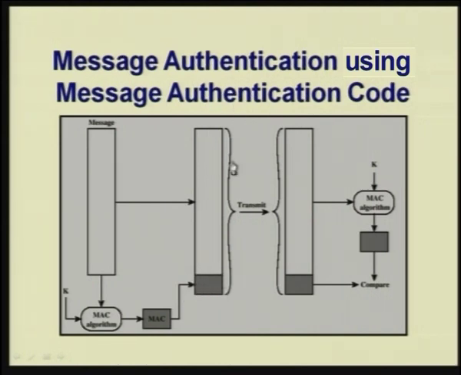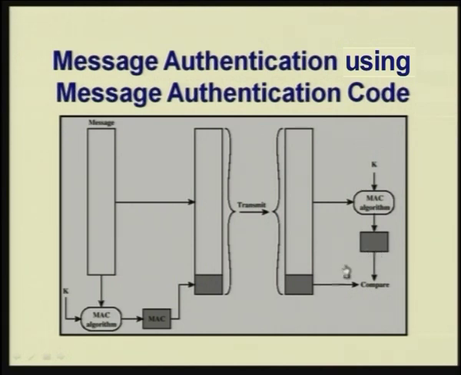It is transmitted and received at the other end, and again the same message M and the secret key k which it has are given to the MAC algorithm, which generates a code.